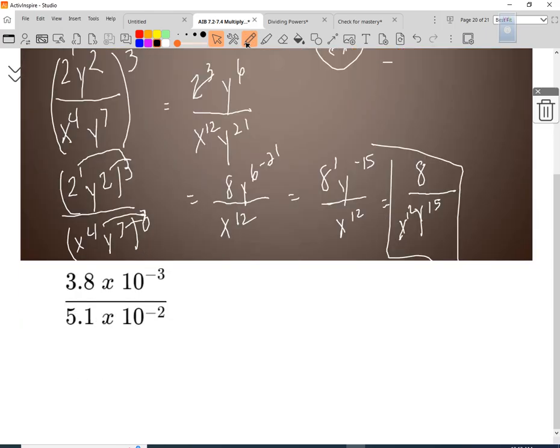So here, we're dividing. This is going to be the same as 3.8 divided by 5.1 times 10 to the negative 3 divided by 10 to the negative 2. Does that make sense to everyone? Kind of like we did the 12, we had 12 on the top and 4 on the bottom. We just separated them here.